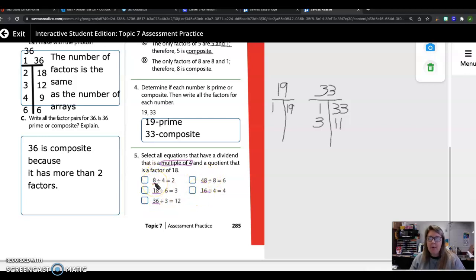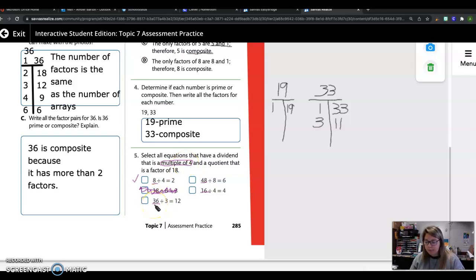Is 8 a multiple of 4? Yes. Is 18 a multiple of 4? No, we cannot multiply 4 times anything to get to 18. So this whole problem has to be out because it has to be a multiple of 4, right? So let's move to the next one.